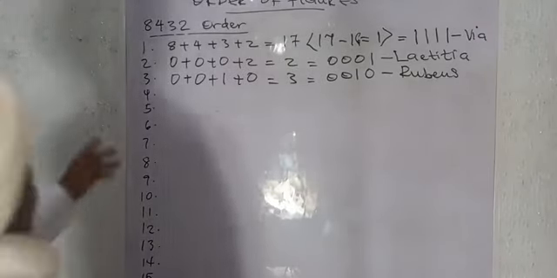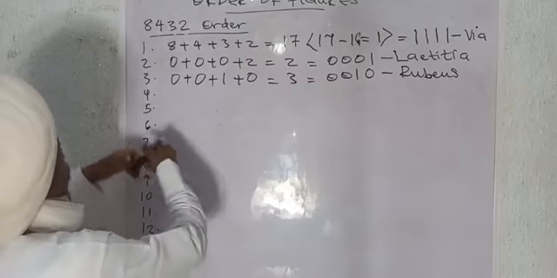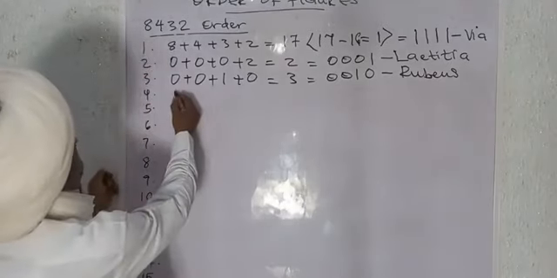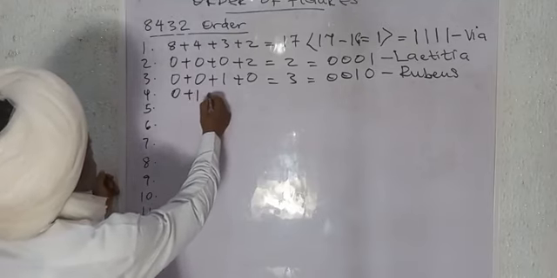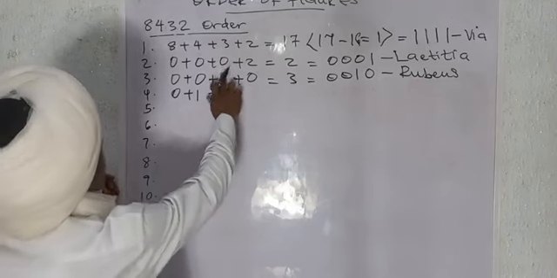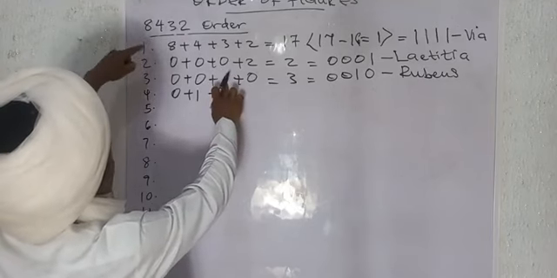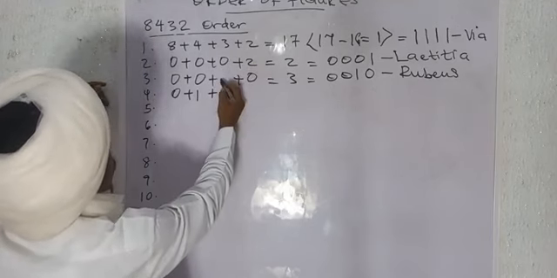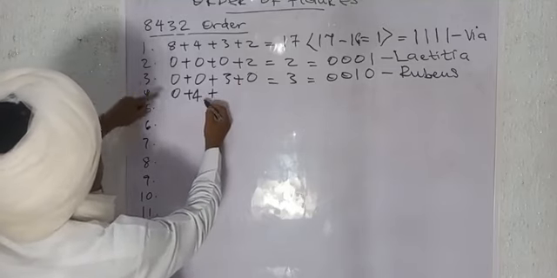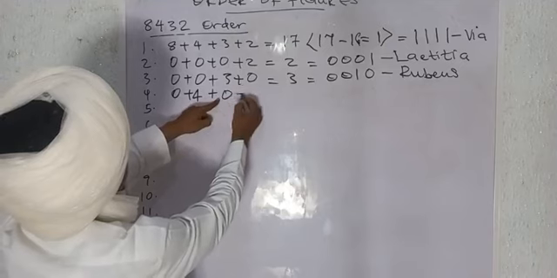So figure 4, that one is very straightforward. All you need to do is open level 4 and close the rest. So which is 0 plus 1 plus, no, I will not use 1. Let me use the number that is at that level, just the way we use 2 here. So this is 3 here. This one will be 0 plus 4 plus 0 plus 0.